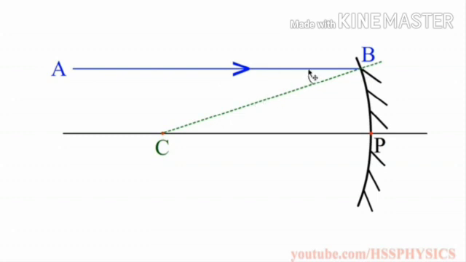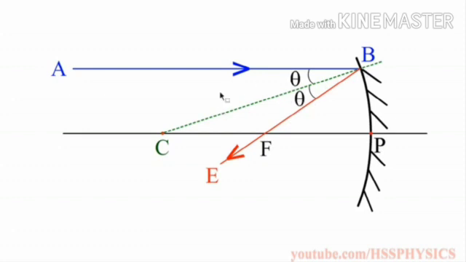So this is the angle of incidence i. It can be represented with theta. The angle between the incident ray and the normal is the angle of incidence theta. BF, the red line, indicates the reflected ray. The reflected ray passes through the point F. So there is an angle of reflection theta.